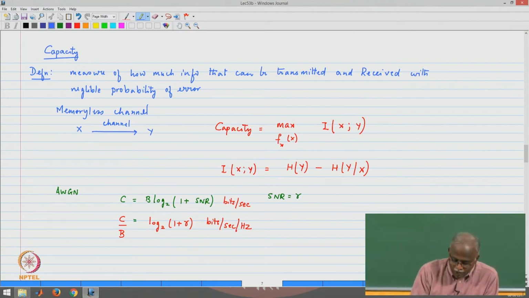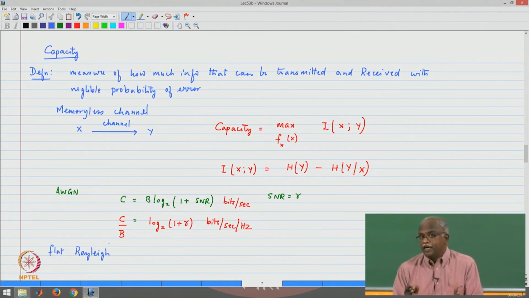So, just to refresh your memory, we also said that in Rayleigh fading, supposing we had flat Rayleigh fading, then we can no longer talk about an average SNR, it now becomes an instantaneous SNR.